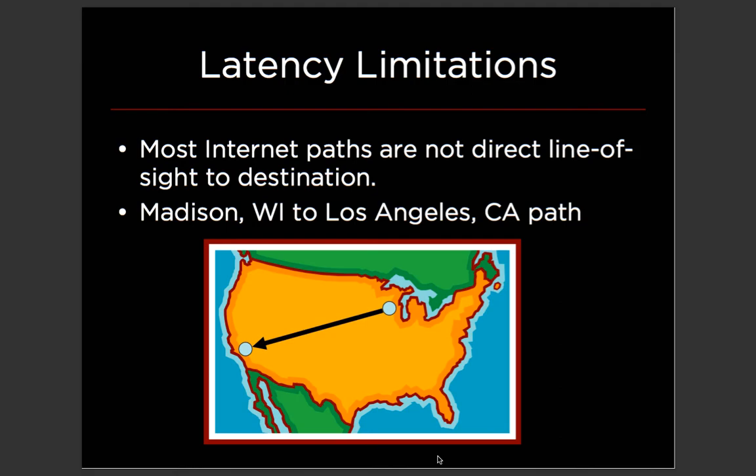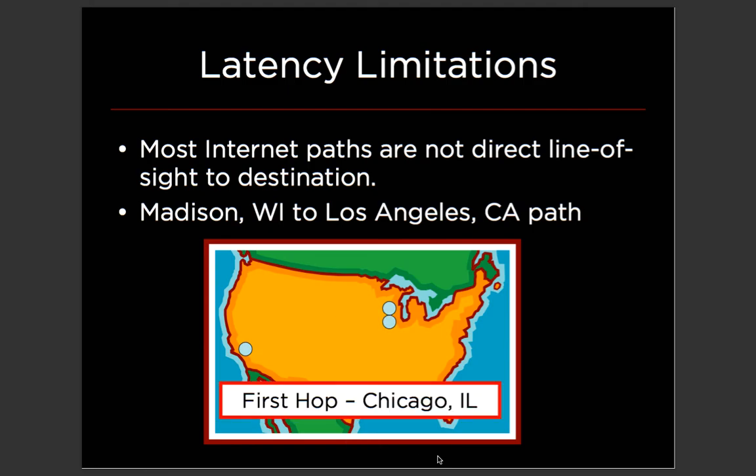Most internet paths are not line of sight to the destination. If, for example, we're trying to estimate the latency between a host in Madison, Wisconsin and Los Angeles, California, we can think about that distance in terms of how the crow flies, or a direct arrow. But paths, as we said, on the internet are actually much more circuitous. In fact, when Brian Erickson and his team measured the latency and mapped it out, the first hop from Madison, Wisconsin en route to Los Angeles, California went to Chicago, Illinois.